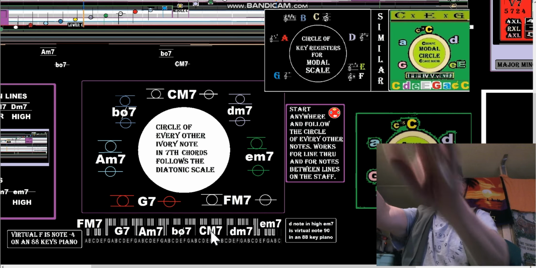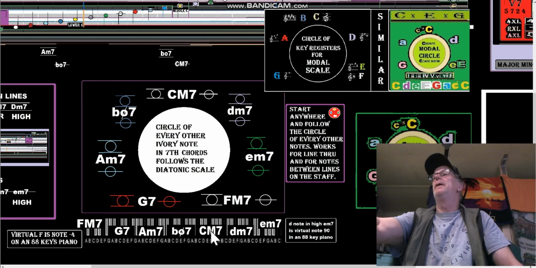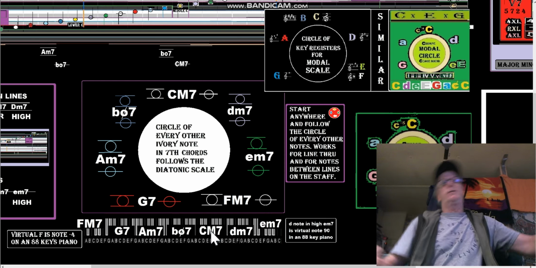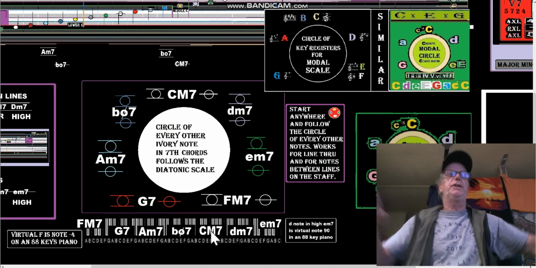Okay, I'm going to switch hands now. Then D minor seventh. Okay, and then I've only got the first two notes of this E minor seventh. Covered the whole 94 keys, really.